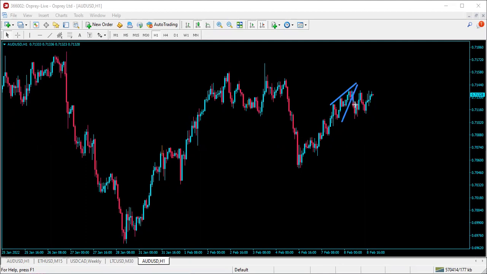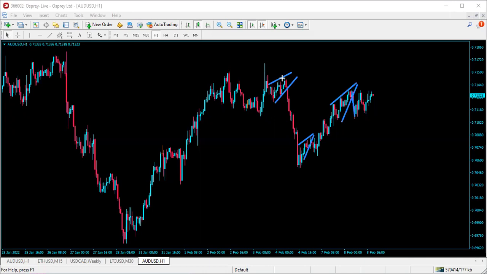Came to a point, immediately dropped. Next one. Comes to a point, immediately reverses. Now, we got one more. It's right here. Right there at the tip of the trend reversal.